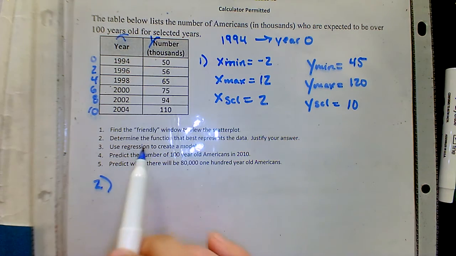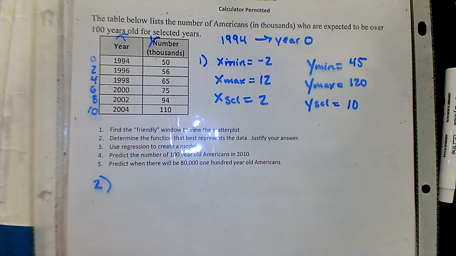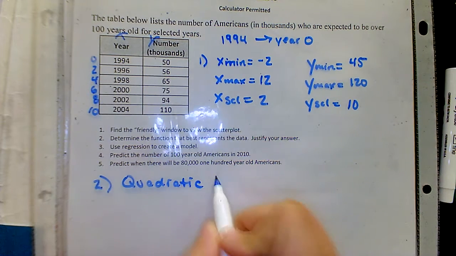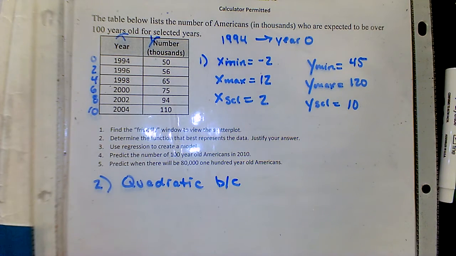All right, so determine the function that best represents your data. Quadratic, because, what do you want to say is a justification?